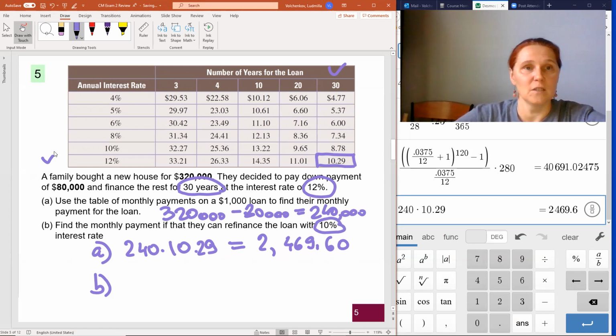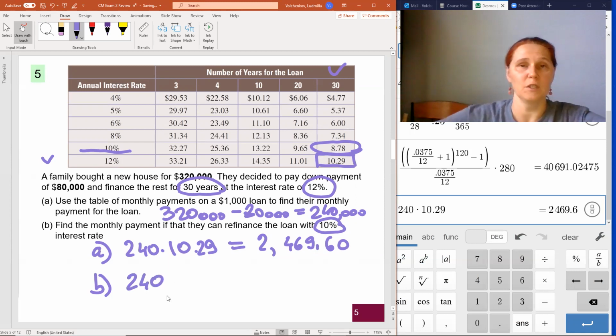So it means that we must find another line in the same table, the line with 10%. So this 8.78 multiplied by the same 240. So 8.78 is the regular payment for 1,000. For 240,000 it will be 240 times 8.78.